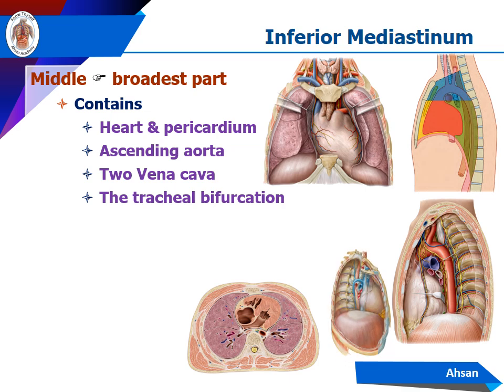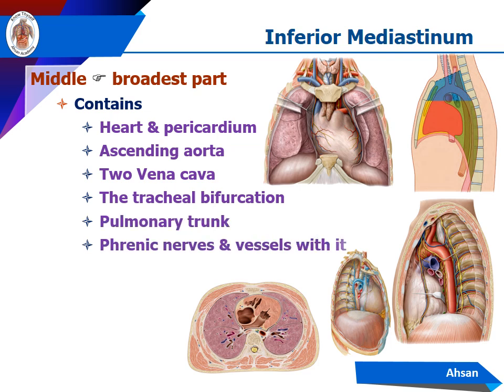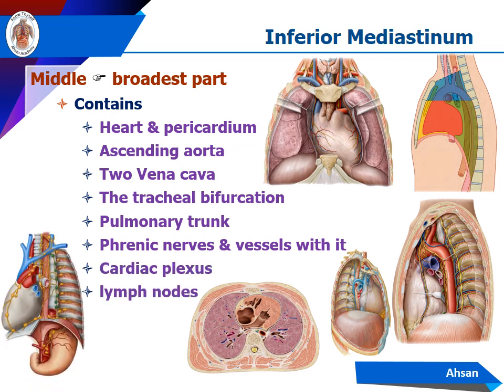The trachea descends, and at the level of the lower part of the superior mediastinum, it divides into two principal bronchi. This bifurcation projects into the middle mediastinum. The pulmonary trunk passes from the heart to the lung. The phrenic nerve crosses, accompanied by the phrenic vessels. The cardiac plexus of nerves and some lymph nodes are present in this middle mediastinum.